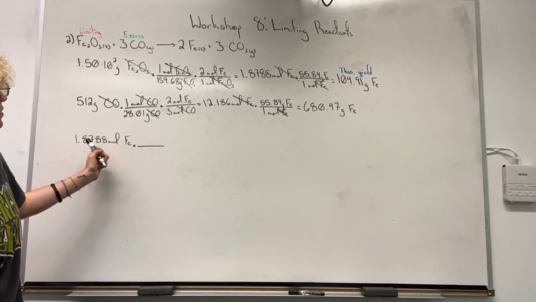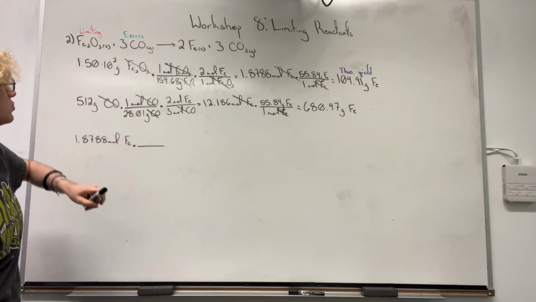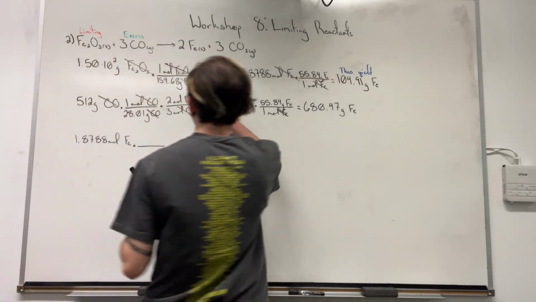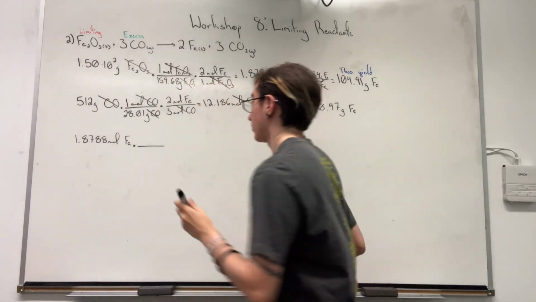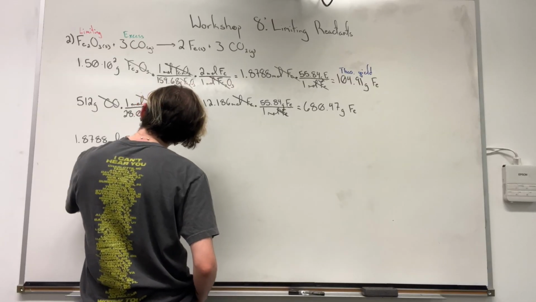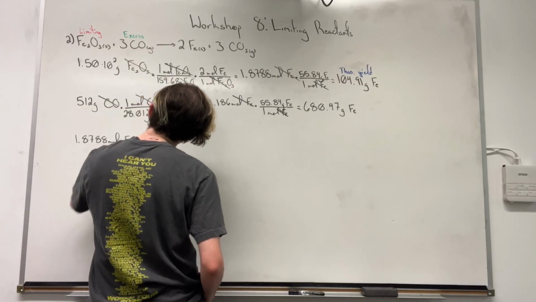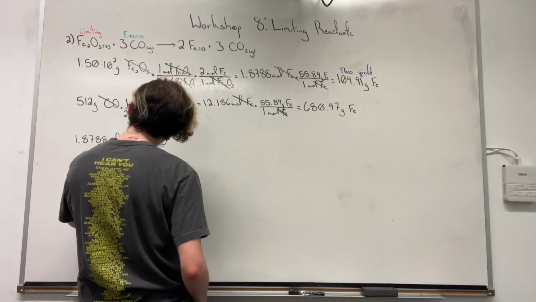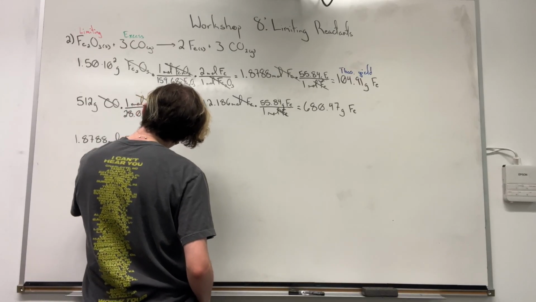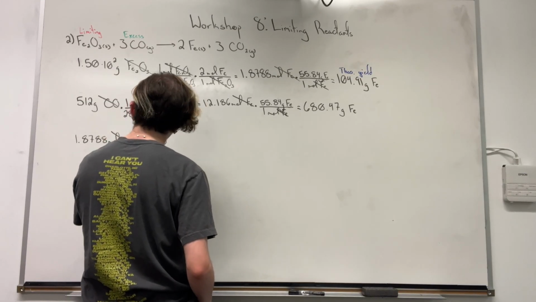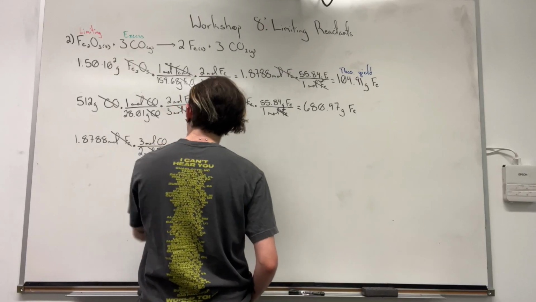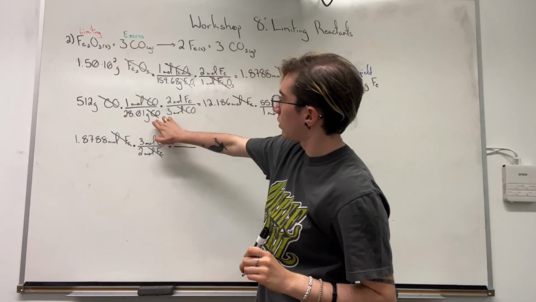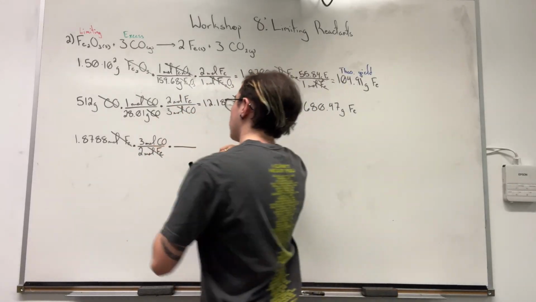Looking at our mole ratio again, if we have moles of iron, we're trying to get back into carbon monoxide, and so we flip the fraction that we have here. 3 moles of carbon monoxide are needed to produce 2 moles of iron. And then we take our mass ratio here and again flip it.